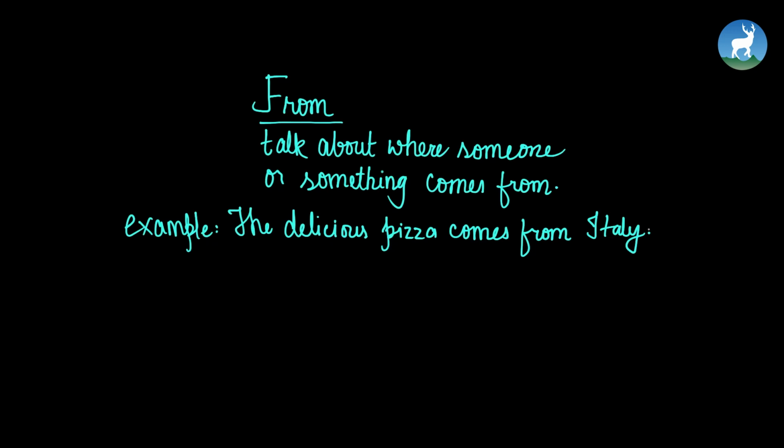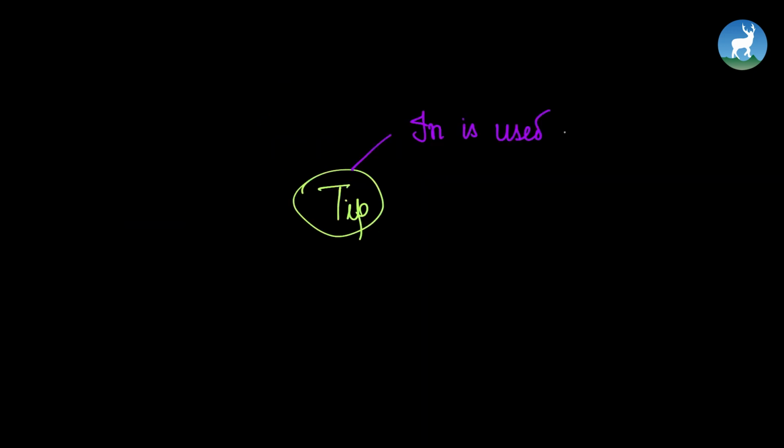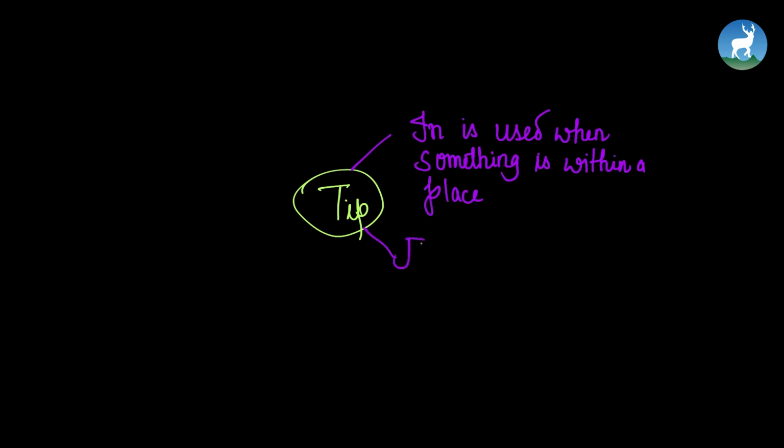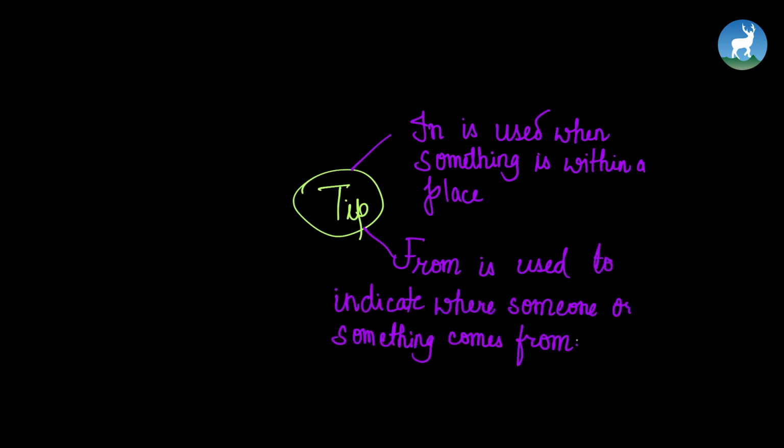Okay, so I'm going to give you a quick tip to remember about the use of in and from. In is used when something is within a place. And when is from used? From is used to indicate where someone or something comes from. If you happen to get confused, just remember that in is used when something is within a place, like we took the example of Sita being within Italy.